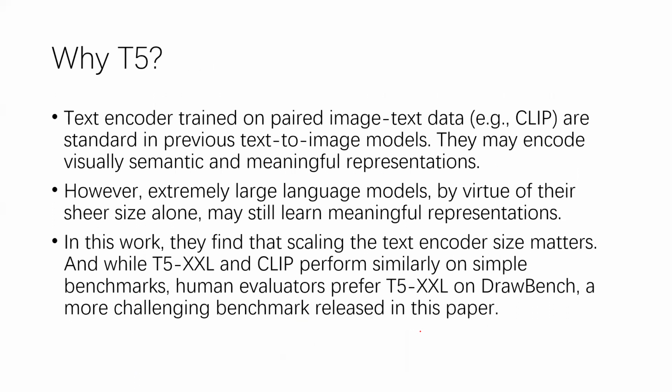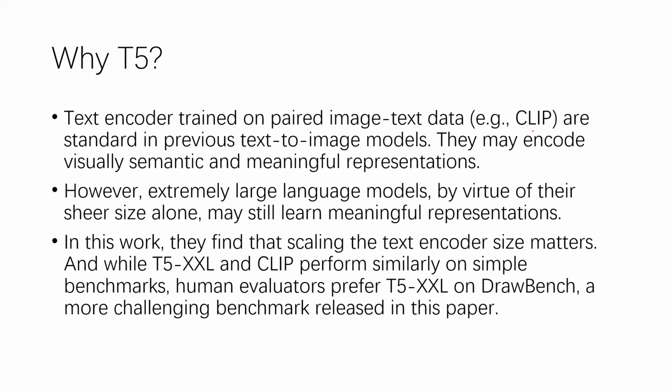And the question we probably want to ask is why T5? Previous work used text encoders trained on paired image-text data, like CLIP. And it's actually a standard way in previous text-to-image models because they may encode visually semantic and meaningful representations. However, extremely large language models, by virtue of their sheer size alone, may still learn meaningful representations.